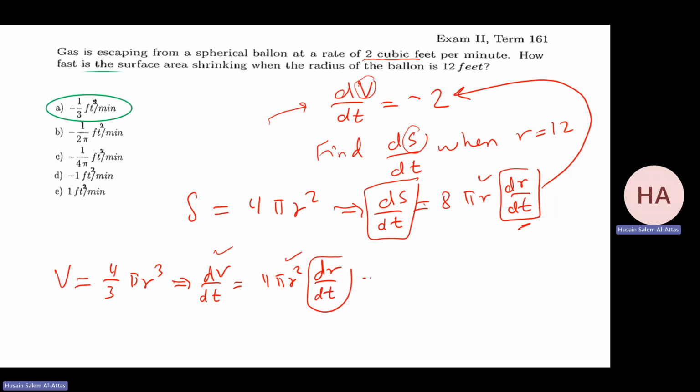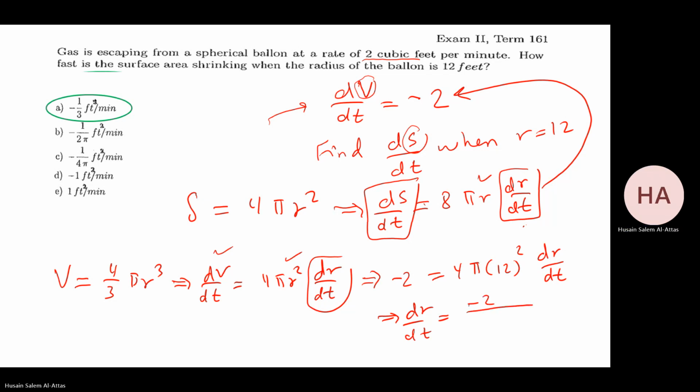So this gives me minus 2 equals 4 pi times 12 squared times dr by dt. So dr by dt will be what? Minus 2 over 4 pi times 12 squared.